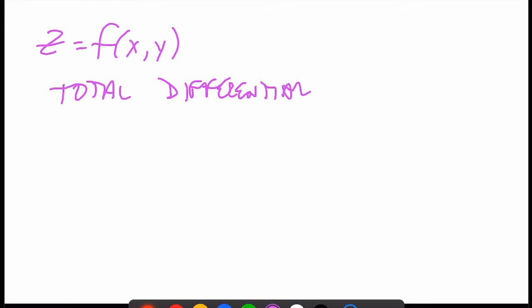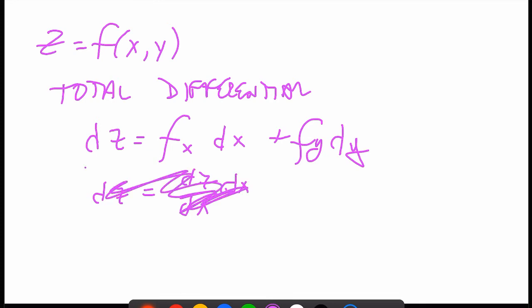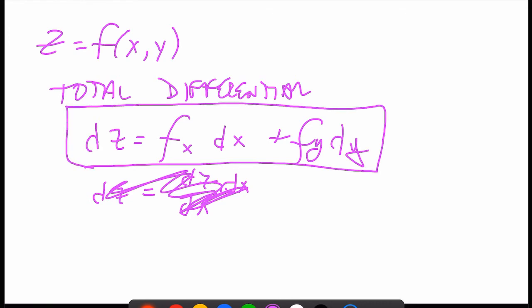The total differential is something like dz equals fx dx plus fy dy, where f represents the first derivative. So dz equals dz/dx dx, kind of. But don't write it that way. Write it that way, the partial and the partial.